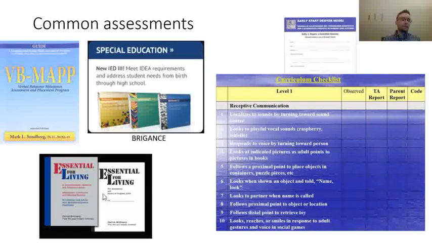Now, Essentials for Living is a relatively new assessment. It was developed by Patrick McGreevy, and Patrick McGreevy is a pioneer and a leader in the field of applied behavior analysis and an authority on teaching verbal behavior and adaptive behavior in individuals with severe disabilities.